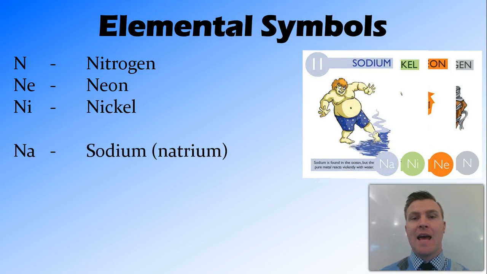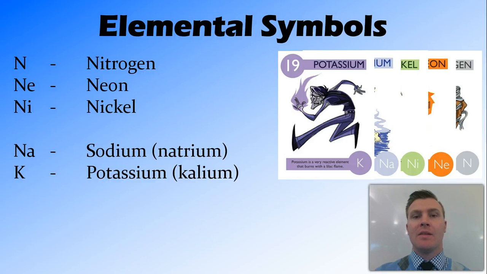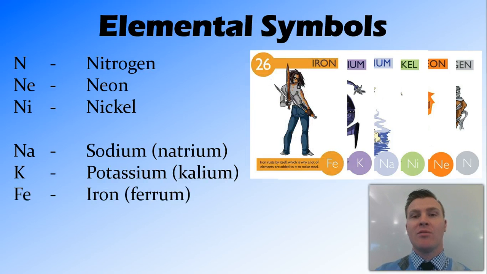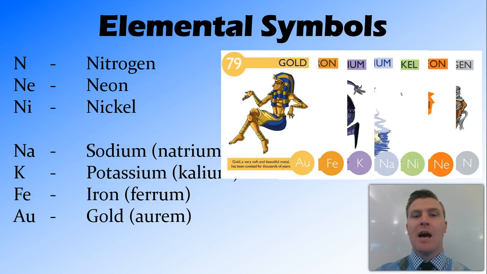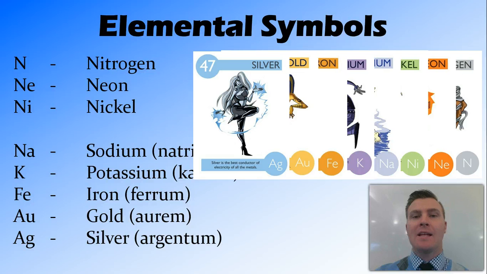Now sodium is Na, and as I said before, that's from the Latin, and the Latin word for sodium is natrium. The symbol for potassium is K, coming from the Latin kalium. Symbol for iron is Fe, coming from ferrum. And the symbol for gold, Au, from aurum, and silver, Ag, from argentum.